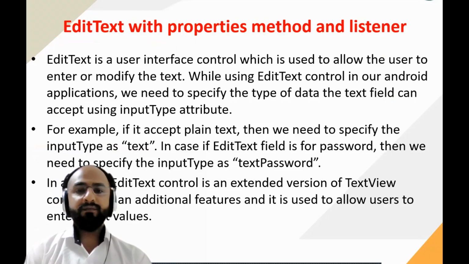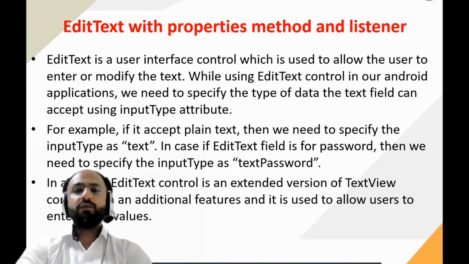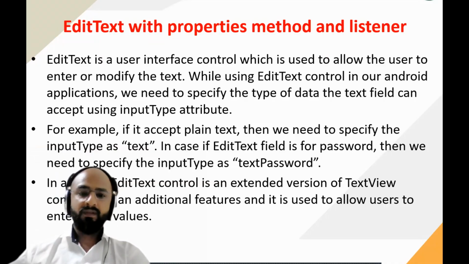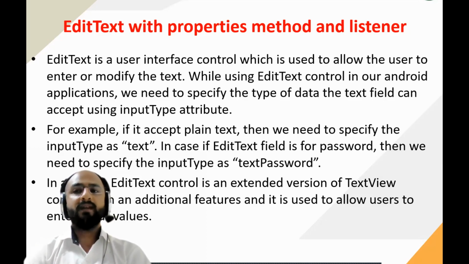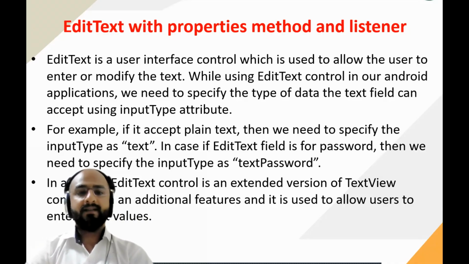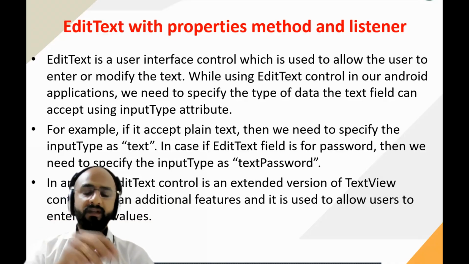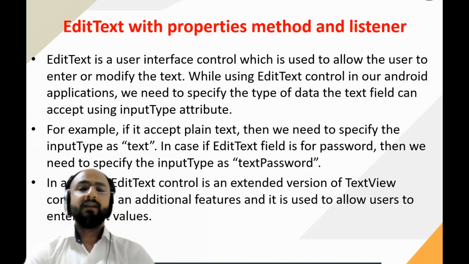EditText is a user interface element which is used to allow the user to enter or modify text. What is EditText? EditText is a kind of, like you can say, a text box on a website. So it is used to allow the user to enter or modify the text. So the user can enter any text into the EditText.